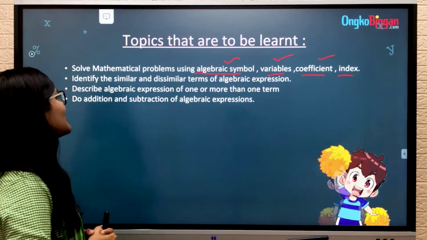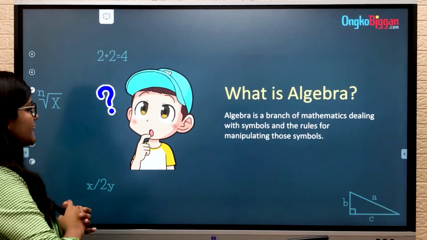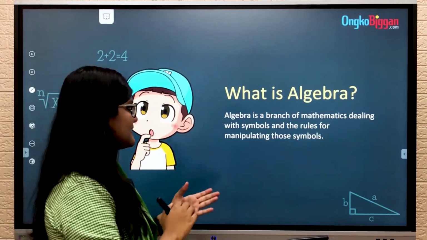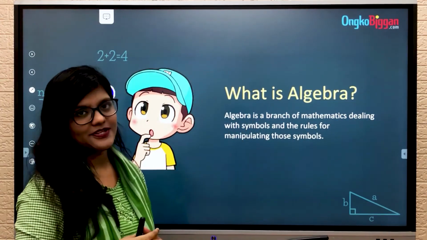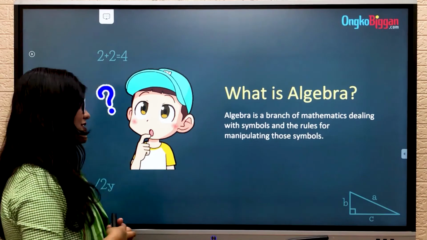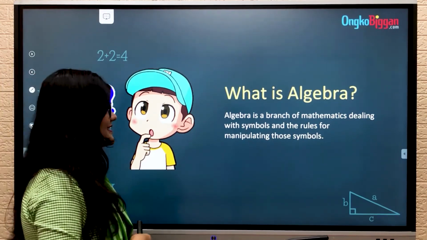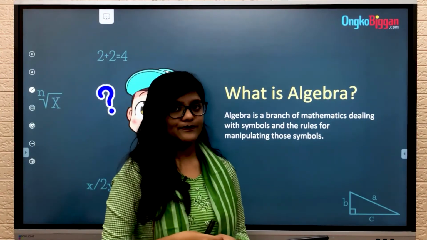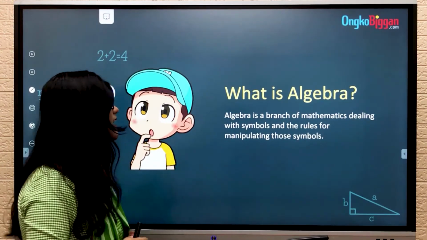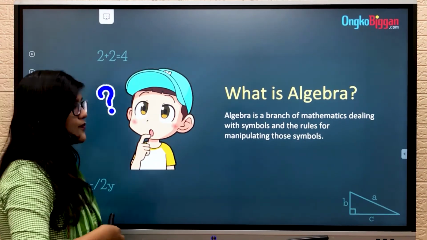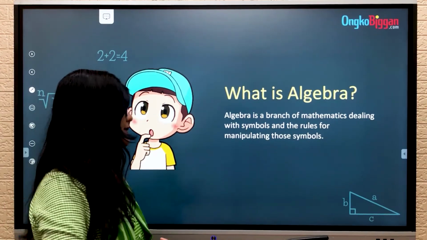So firstly, we need to know what algebra is, because we are learning algebraic expressions, and I am sure you don't know what algebra actually is. I have given you a glimpse that in algebra we work with symbols and alphabetical terms.